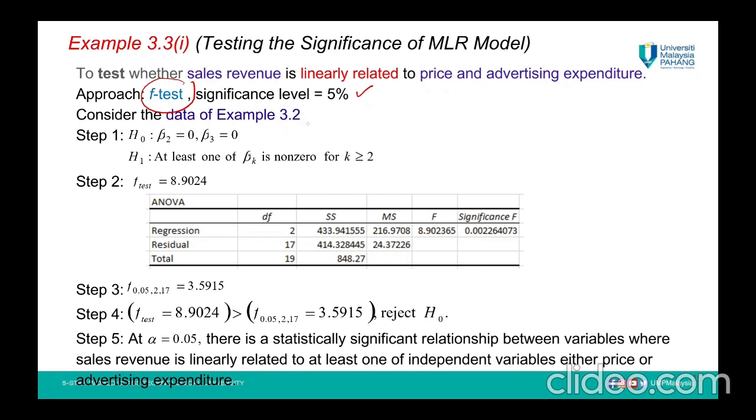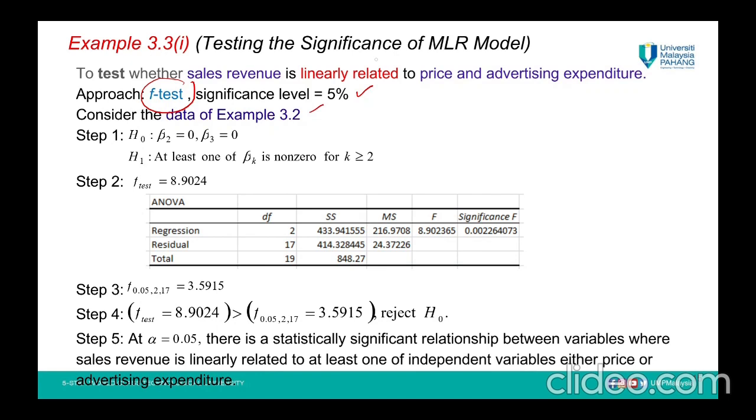In this example, we consider the data of example 3.2. Since the F-test approach is under the traditional approach, we have 5 steps here.